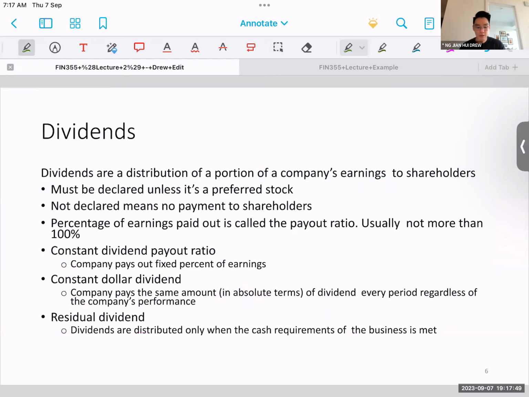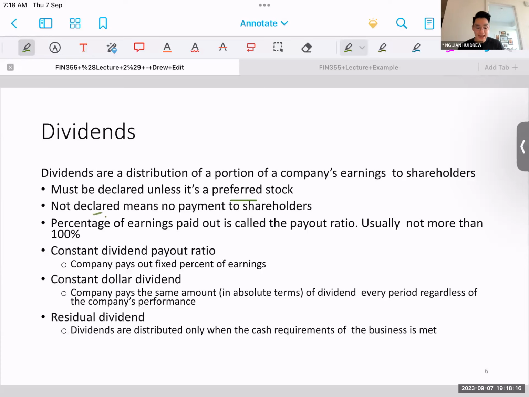Then we talked about some dividend policy methods. Basically, all common shareholders will get dividends, unless you are a preferred shareholder. A preferred shareholder does not really get dividends. They get a preference in terms of distribution if the company goes into liquidation. So there is no difference.